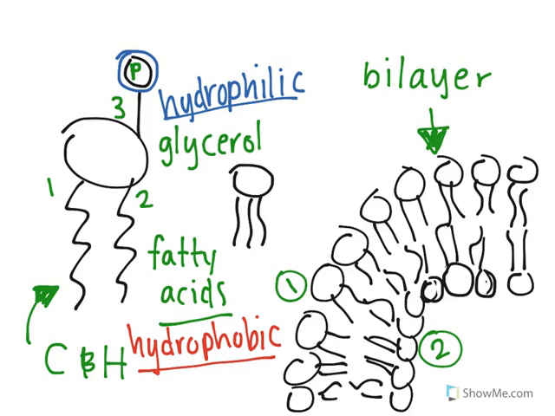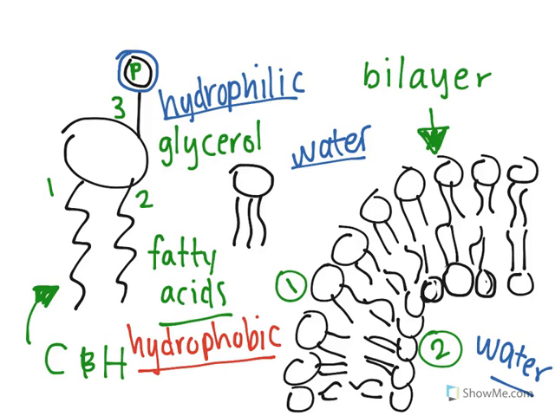So because there are hydrophilic ends of these phospholipids, these have to be the ones facing water. So inside the cell, there's cytoplasm, which has a lot of water content, and outside the cell, it's the same. There's a lot of water. So in that case, you want to have the hydrophilic parts on the outside in order to protect the hydrophobic parts from touching water.